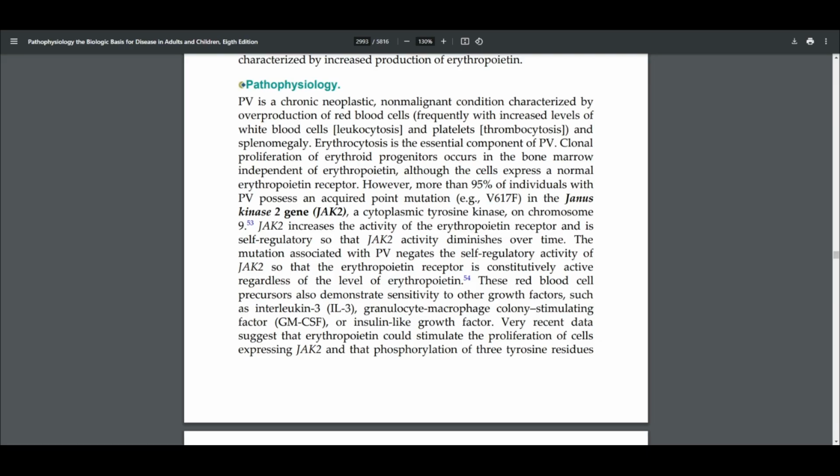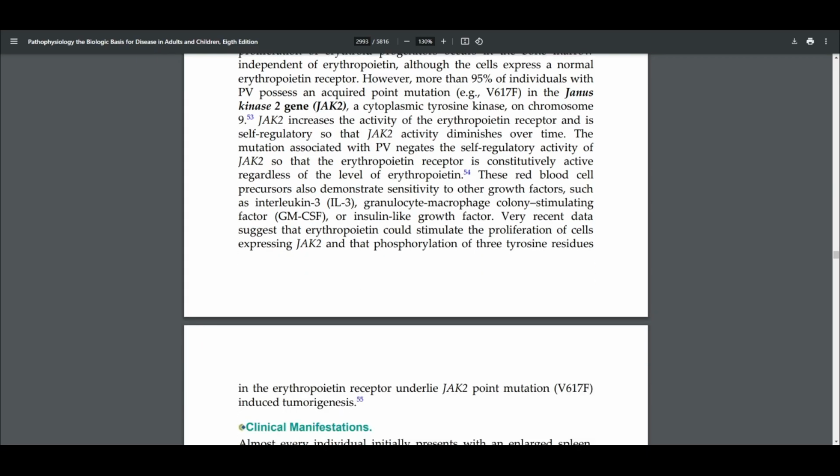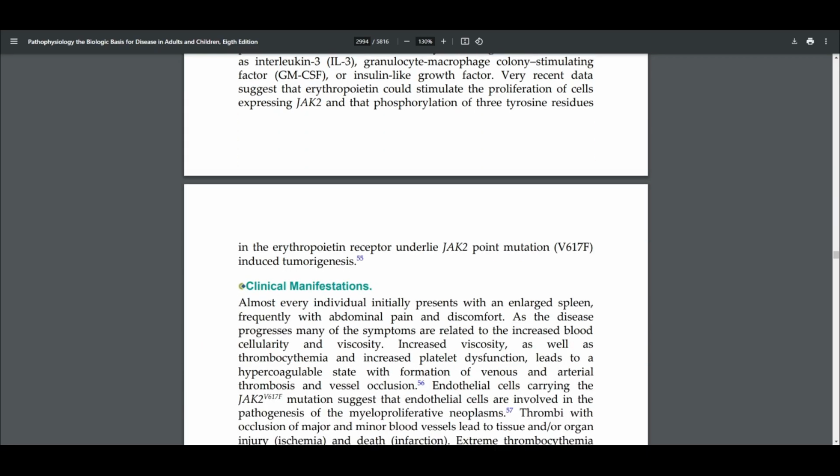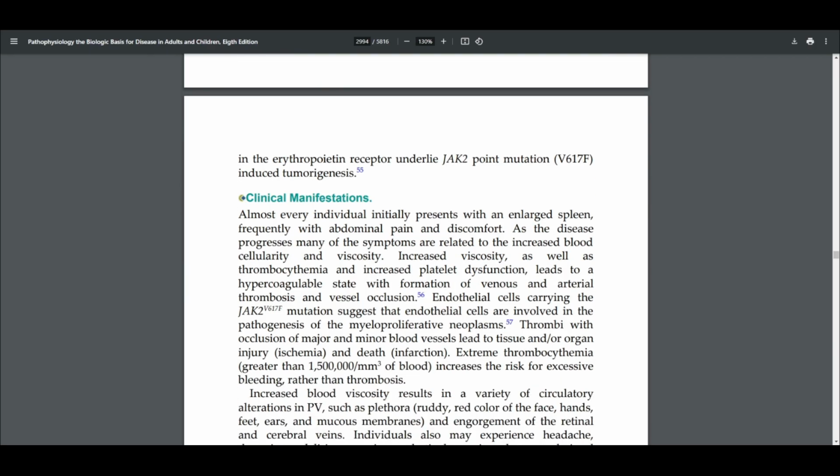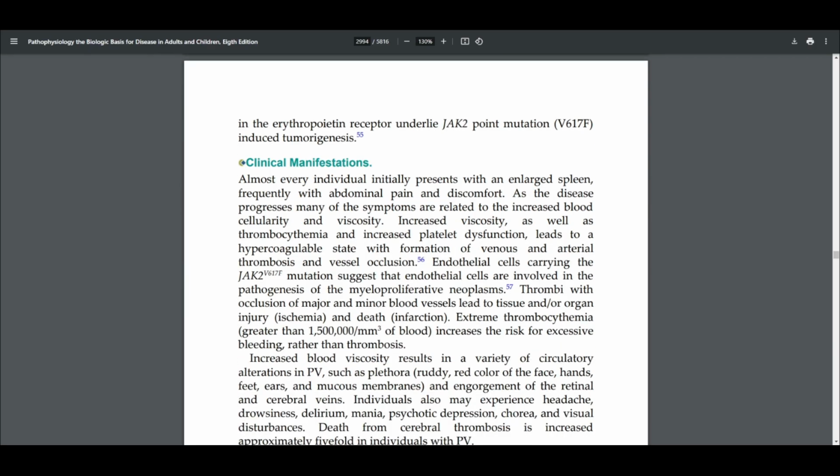These red blood cell precursors also demonstrate sensitivity to other growth factors, such as interleukin 3, granulocyte macrophage colony stimulating factor, or insulin-like growth factor. Very recent data suggests that erythropoietin could stimulate the proliferation of cells expressing JAK2 and the phosphorylation of 3 tyrosine residues in the erythropoietin receptor underlying JAK2 point mutation induced tumorigenesis.